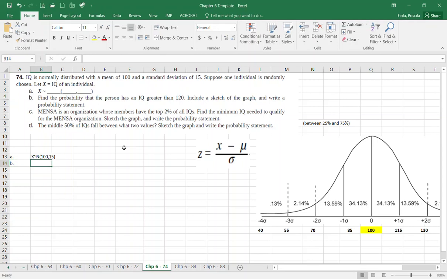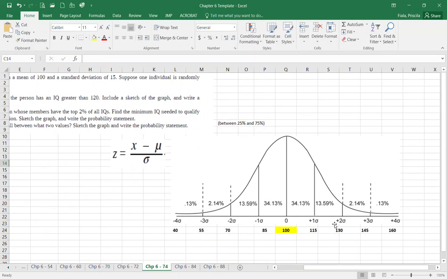Let's now solve letter B. It's asking me for the probability that a person has an IQ greater than 120. So be very careful. It's asking you for the area above, let's say, 130, about there.